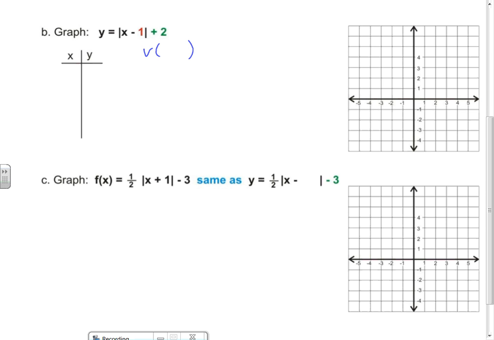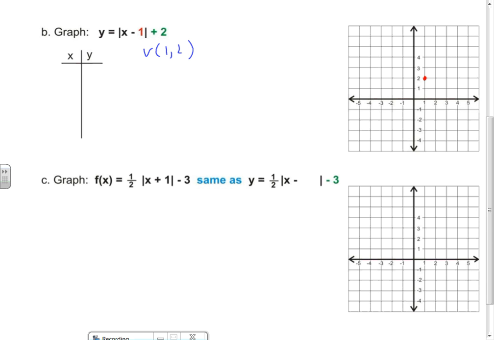Adam knows the answer. Adam, what are the coordinates of the vertex? I agree, 1, 2. The h is 1, and the k is 2. I'm going to go to 1, 2, and I'm going to put a red dot for the vertex.